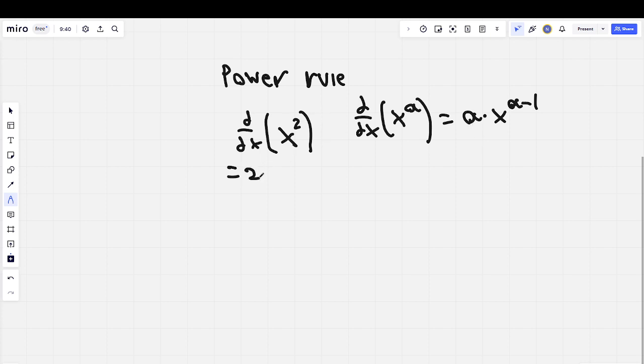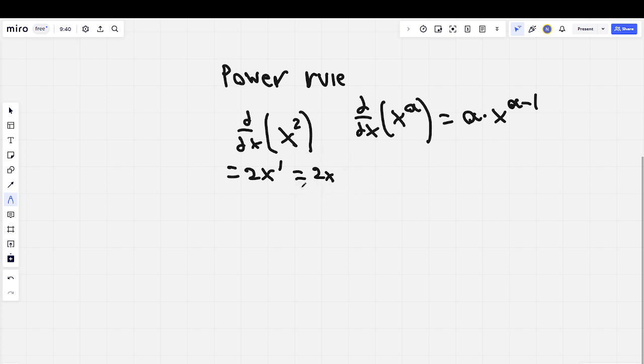So 2x to the power of a, which in our case is 2, subtracted by 1, which gives us 2x to the power of 1, which does not do anything to our equation, as this will just equal 2x.